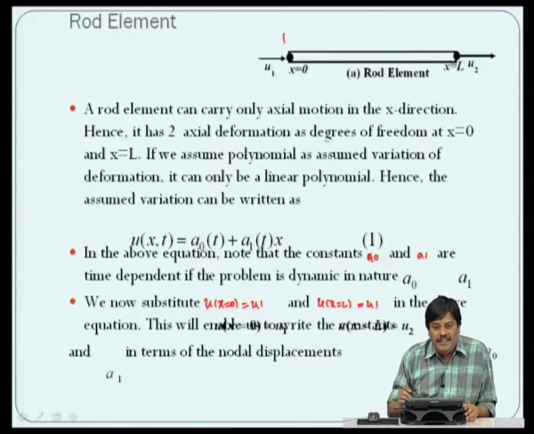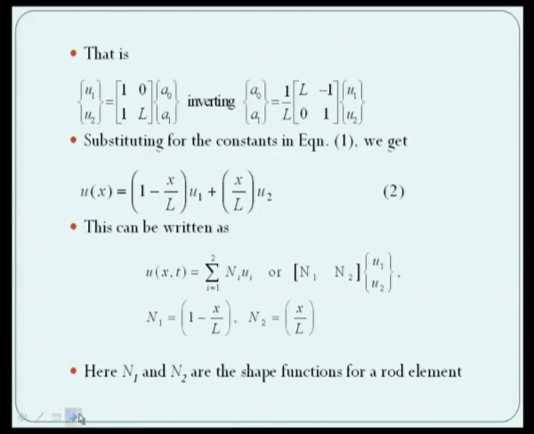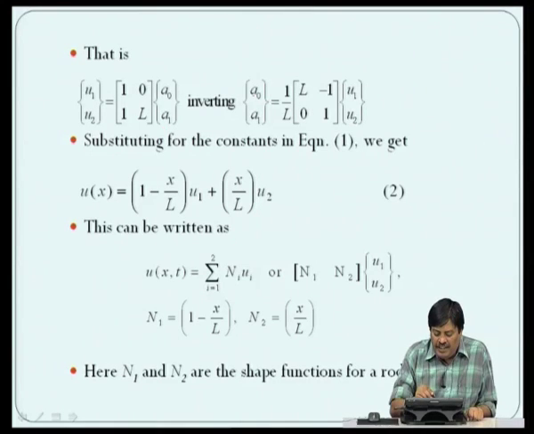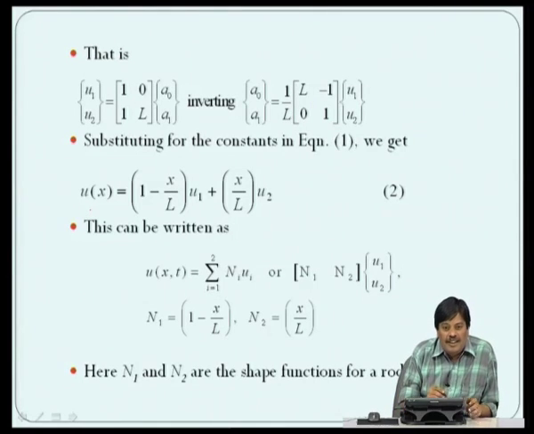Then we write u1 and u2 in terms of the unknown constants. So, u1 u2 equal to the matrix 1 0, 1 L times a naught and a1. We invert this matrix, and we get a naught a1 equal to 1 by L times the matrix L 0, minus 1 1, times u1 u2. Now, we substitute this back into our equation 1, and factorize all the u1 and u2 separately.